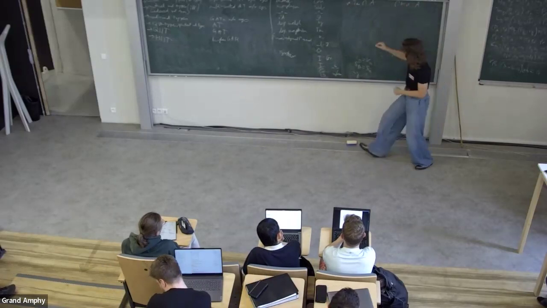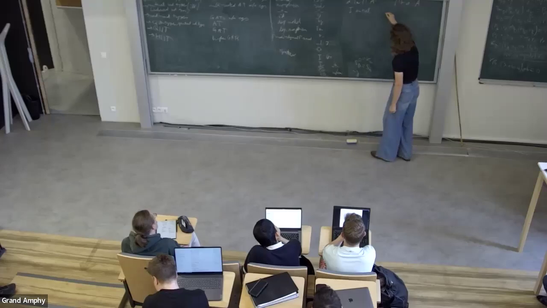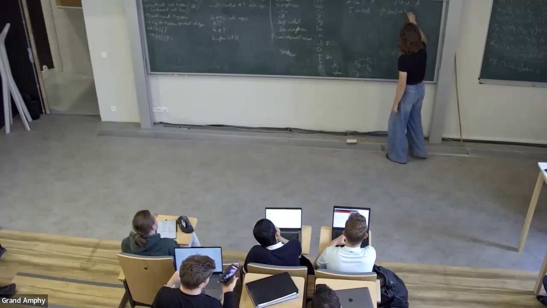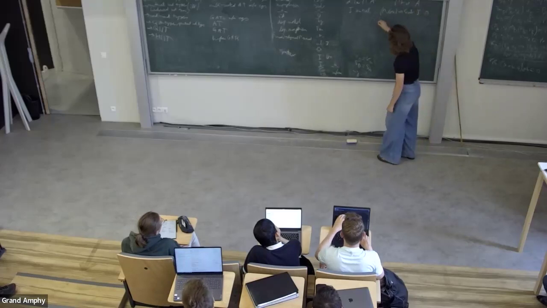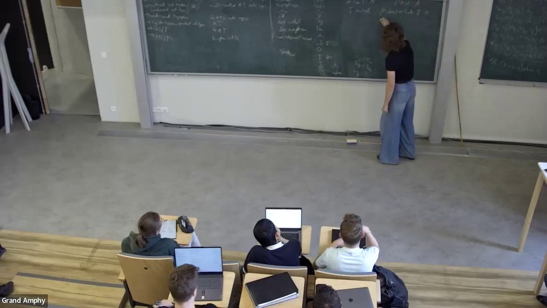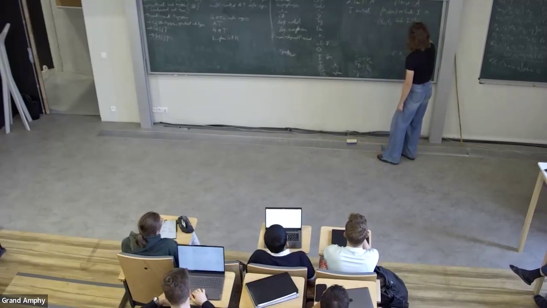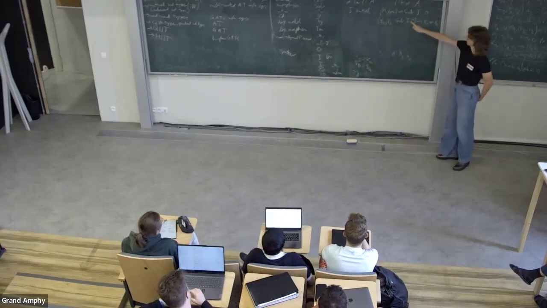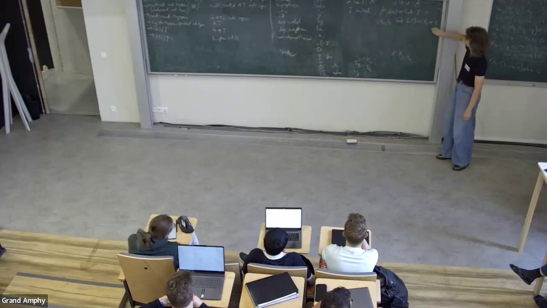And then I say I is initial, it means that for every context Γ, there is a substitution from I to Γ. Moreover, if I have γ0 and γ1, which are substitutions from I to Γ, then they are equal. This means that I is an initial object in this category, or I is weakly initial and unique.